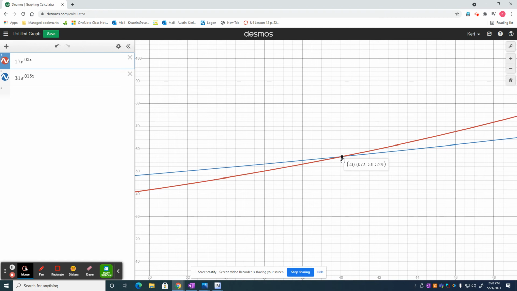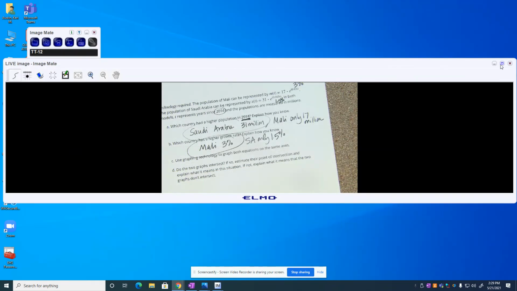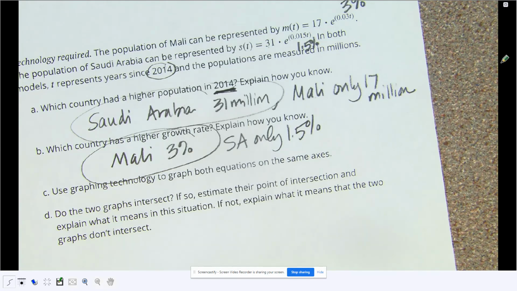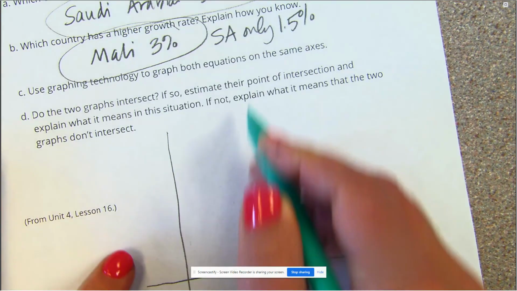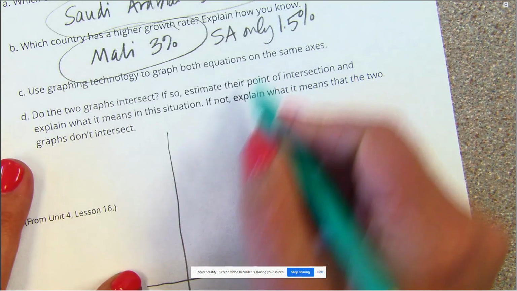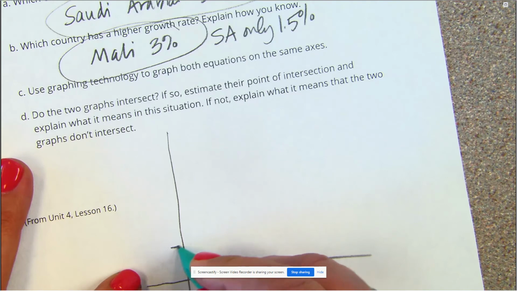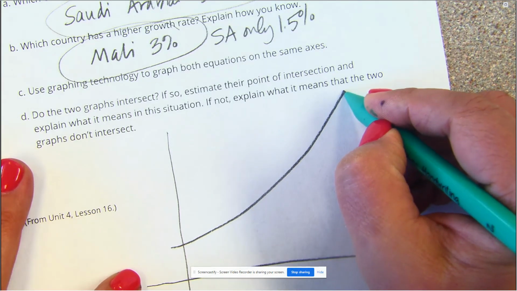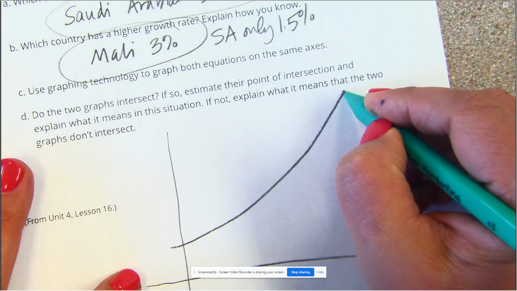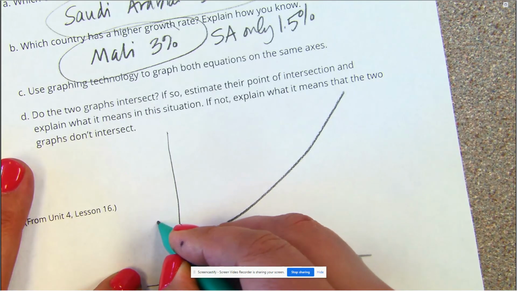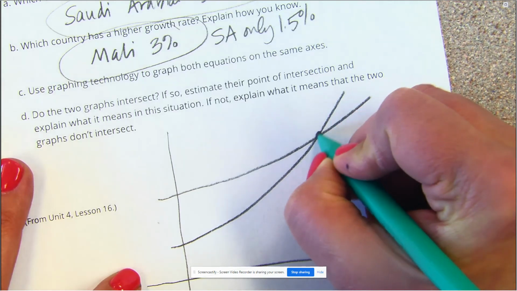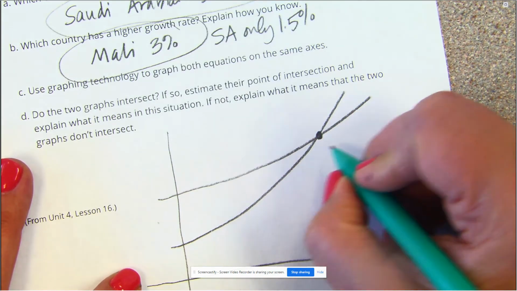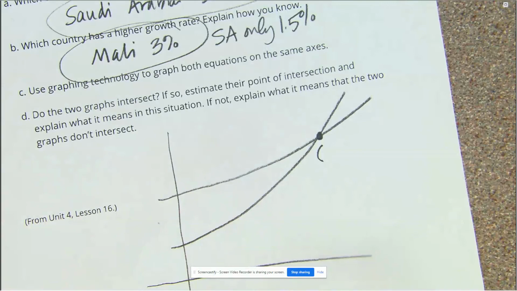Okay, so now I'm going to go over here, back to my paper. And so we had 17,000, which was growing, and then 31,000, which was going a little bit slower. So eventually that point was, maybe forgot what it was.